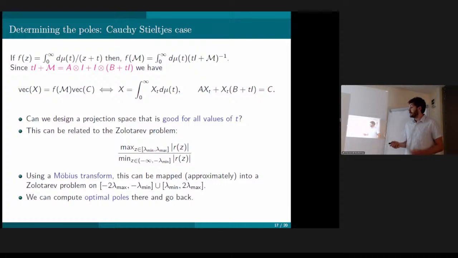You basically want to generate a rational Krylov subspace that is good for projecting all equations of this form as t varies. And again, you can connect this task to solving a Zolotarev problem.